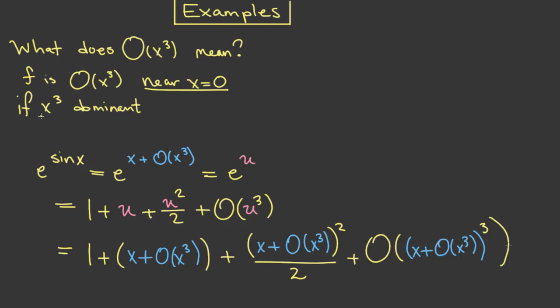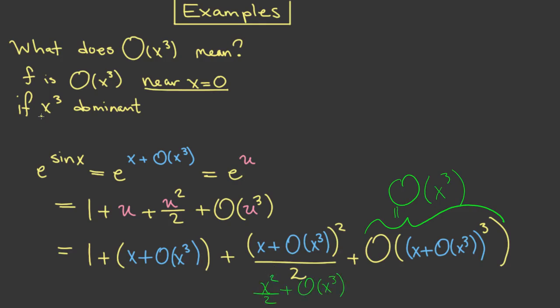okay? The first thing to keep in mind is that this term here, this big O of x plus big O of x cubed, the dominant term here is still going to be x cubed. So this is big O of x cubed, because all of these higher order terms in here are negligible in comparison to the x cubed. Now let's deal with the other terms. If I square this, I'm going to get x squared over 2 plus a bunch of higher order terms.